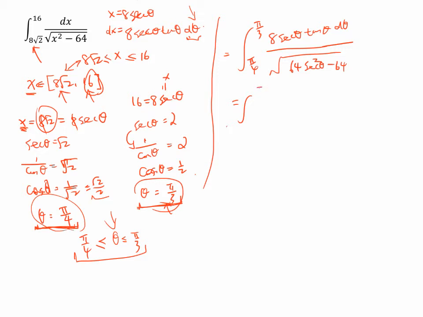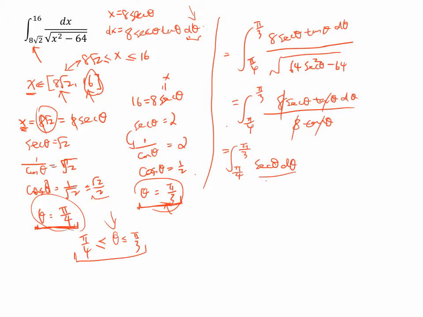Simplify it: pi over 4 to pi over 3, 8 secant theta tangent theta d theta over, this is simply 8 tangent theta. So 8 cancels with 8, tangent cancels with tangent, and that is the integral from pi over 4 to pi over 3 of secant theta d theta. This one we have solved before.